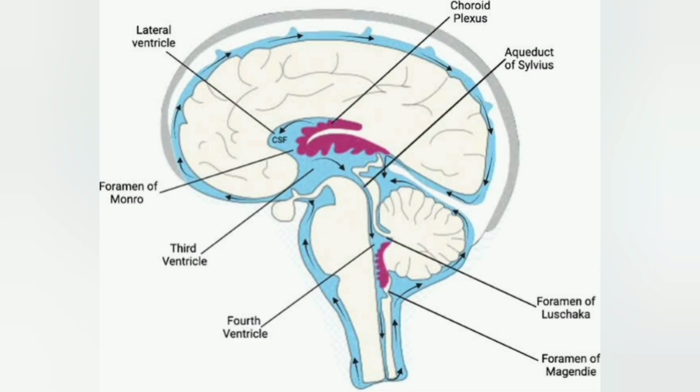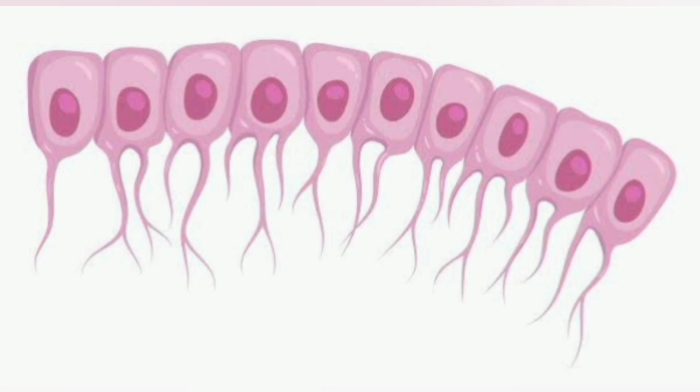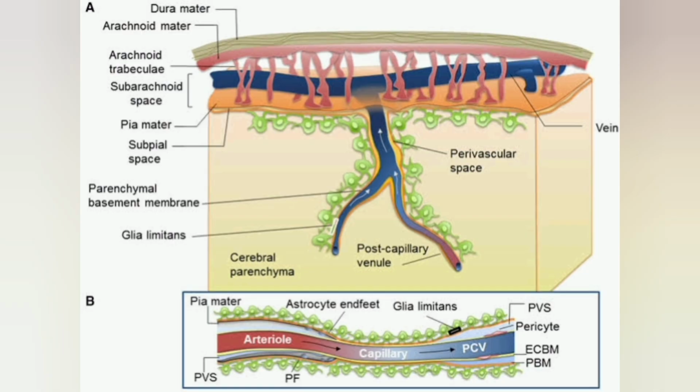The choroid plexus of the ventricles, mainly of the lateral ventricle, are the main source of CSF production, and the choroid plexus of the third and fourth ventricle can also produce CSF, but not that much. The other sources of CSF production are secretion by the ependymal surface of all the ventricles and by the arachnoidal membranes, and a small amount comes from the brain through the perivascular space that surrounds the blood vessels passing through the brain.